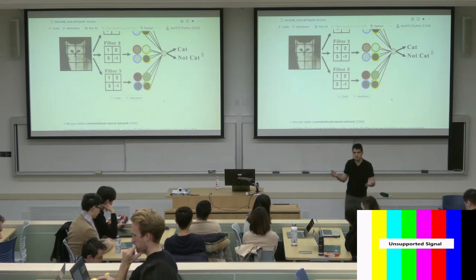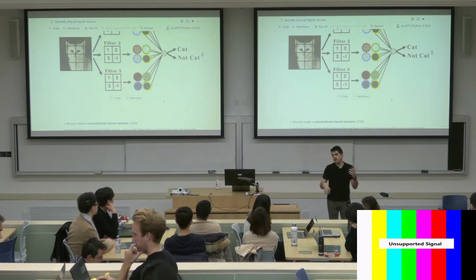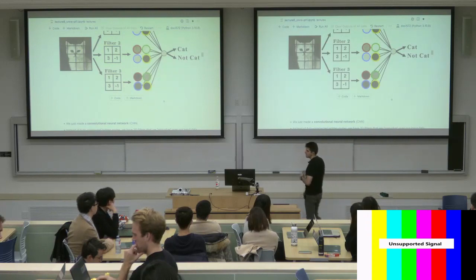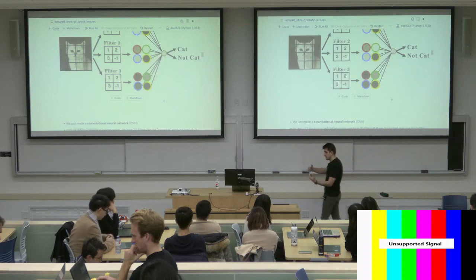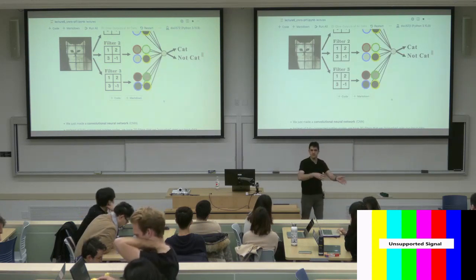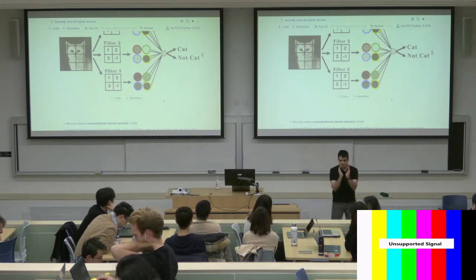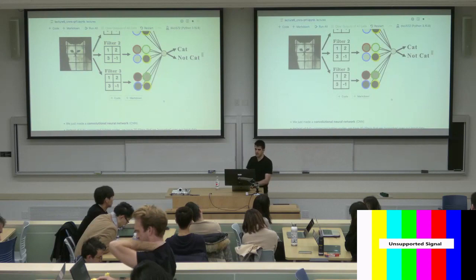There are many ways to do that. You can pass the filter over that and then sum up the values. You can take the average values. You can do a bunch of other things. So a convolution is a specific type of doing the multiplication. Because here we're not dealing with scalar weights and scalar features, we're dealing with tensor weights and tensor features, so the multiplication operation itself is something different. Okay.